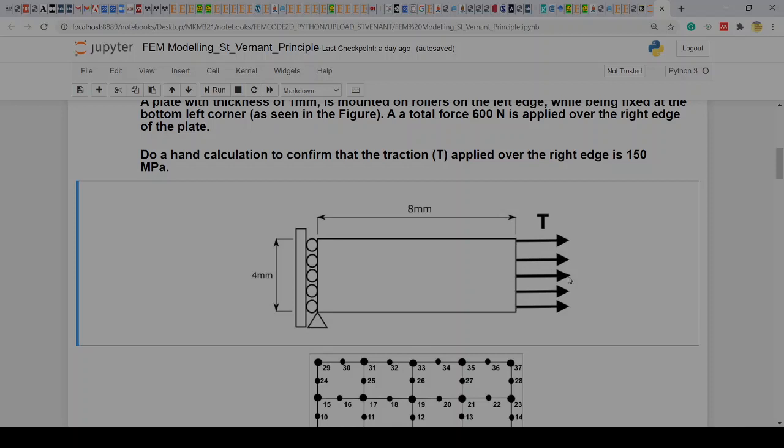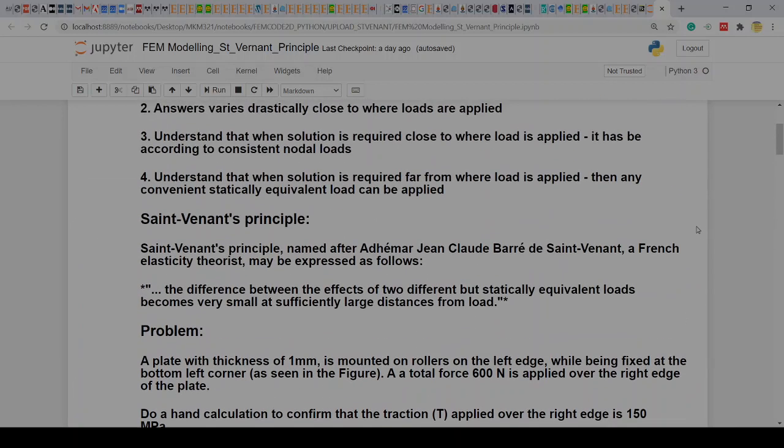And so Saint-Venant's principle tells you, if you are interested in the answer far away from where you're making certain modeling decisions, you can simplify those modeling decisions as long as they're statically equivalent. If, however, you're interested in the answer close by to where you're making modeling decisions, then you have to model them as accurately as possible.